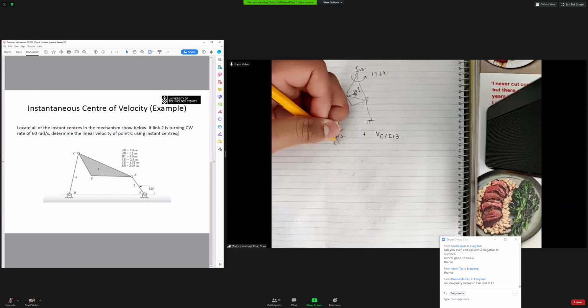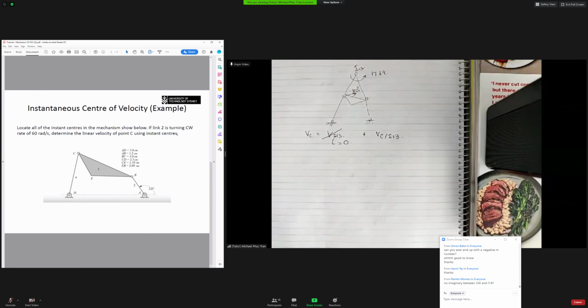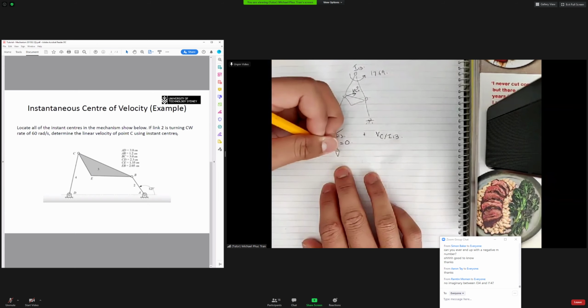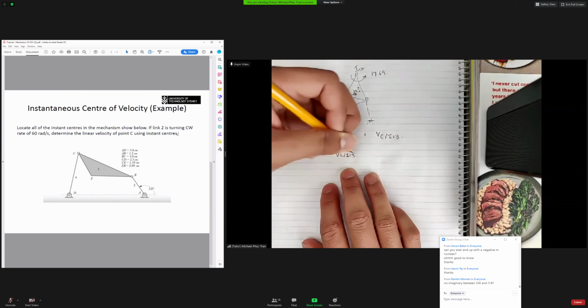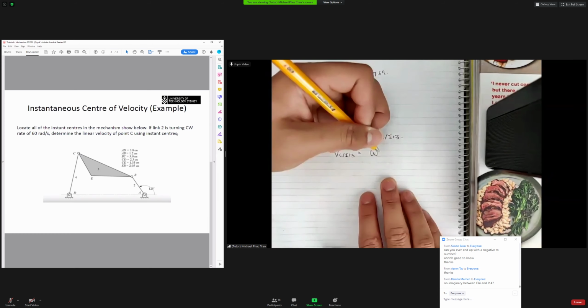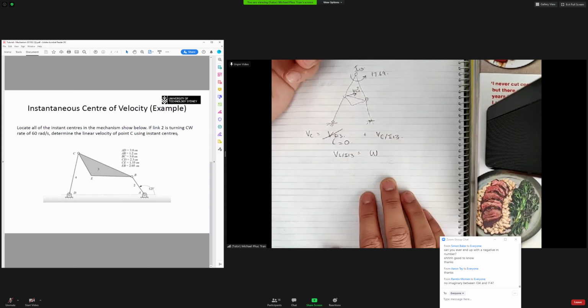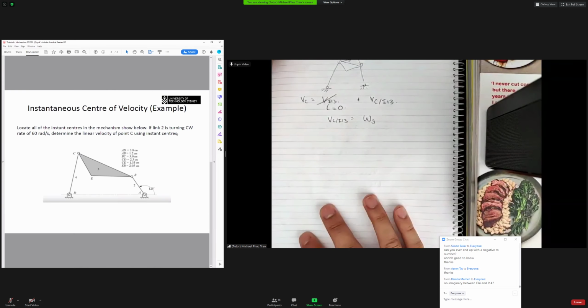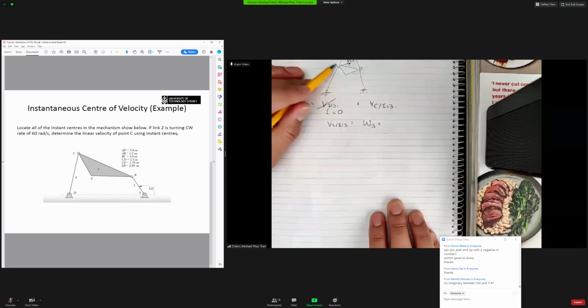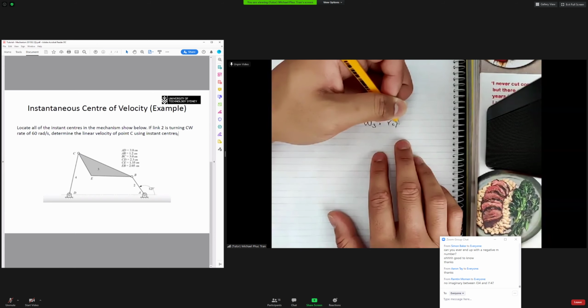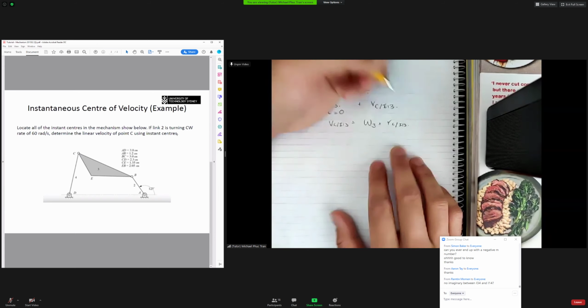So that is 0 because at instant centers it's 0. VC in respects to I13 is equal to W3 times that distance between that and that, C in respects to I13.